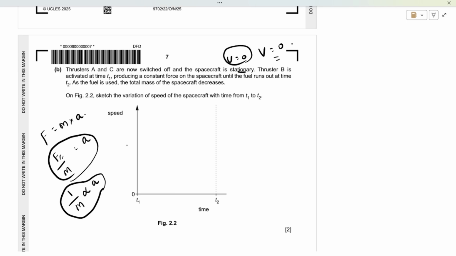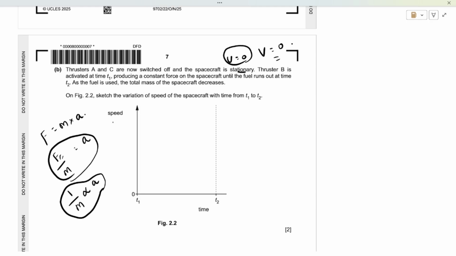Since mass and acceleration are inversely proportional, if the mass decreases, the acceleration will increase. If the mass increases, the acceleration will decrease.